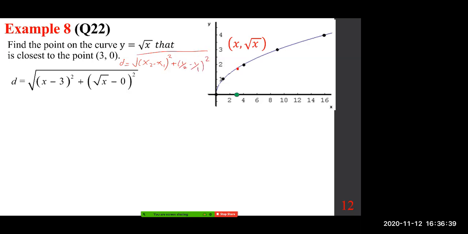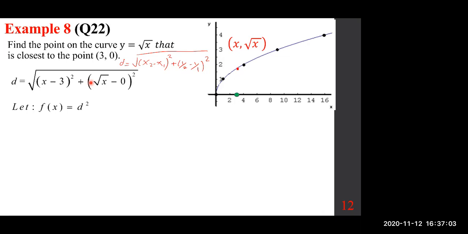All right, it is easier to work with d squared. So let's do that. It's just because it's easier. If you work with d and you go through the process, you get to absolutely the same answer, except it takes a lot longer. We don't want to do that.